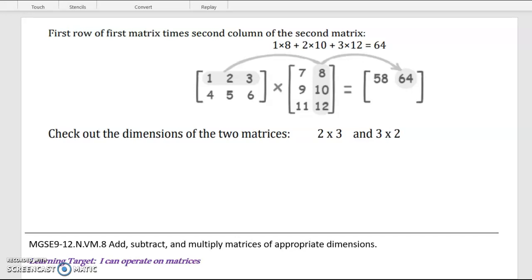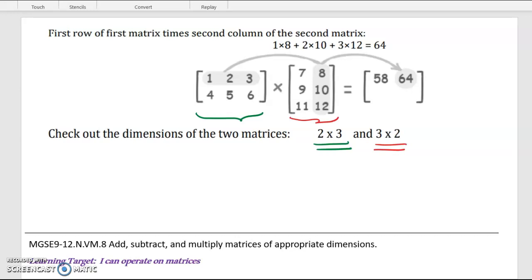You can't just multiply any two matrices. The sizes or dimensions have to match in a certain way, and here's how they have to match. So the first matrix in this problem that we just worked was 2 by 3. The second matrix in this problem was 3 by 2. Okay, this is important.